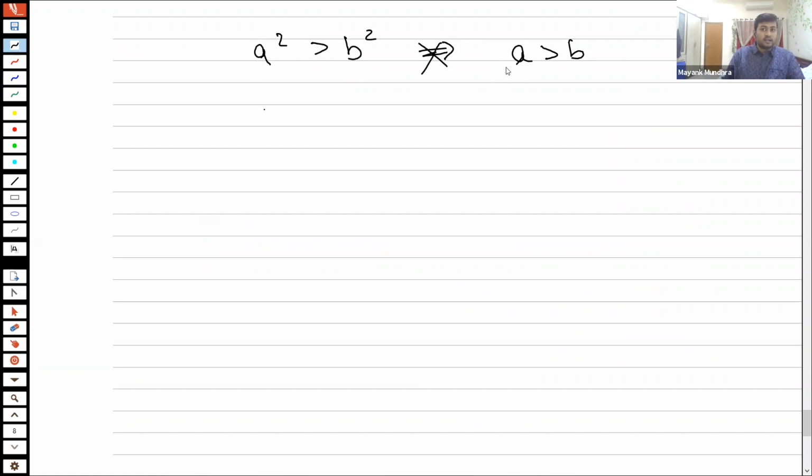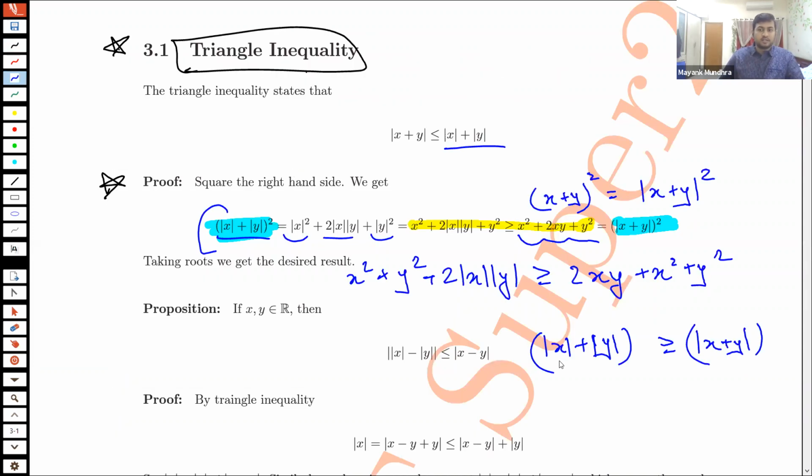But since this is a summation of mods, it is positive, and this is also positive because it is |x + y|. So I can remove the squares. When you're doing such things, be mindful of the possibility of having negatives because that could spoil your proofs. So now you have essentially proven the triangular inequality.